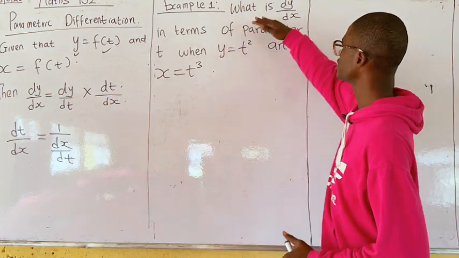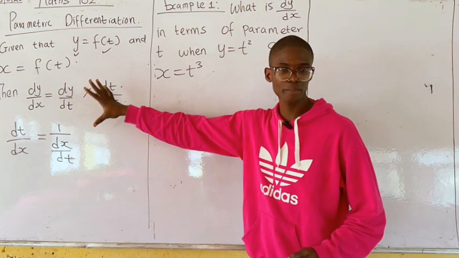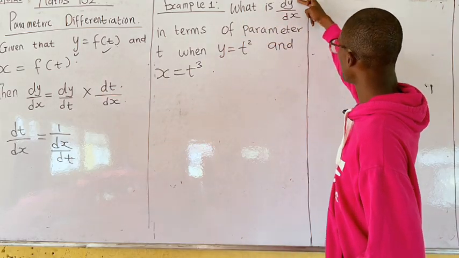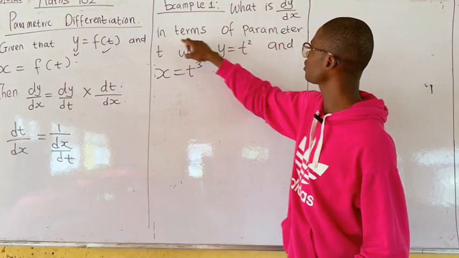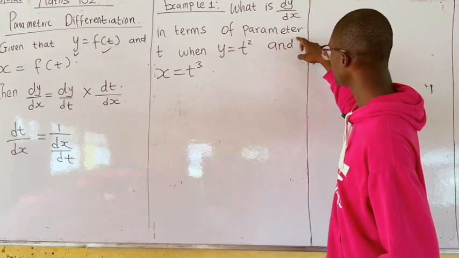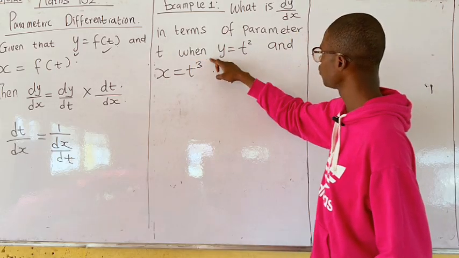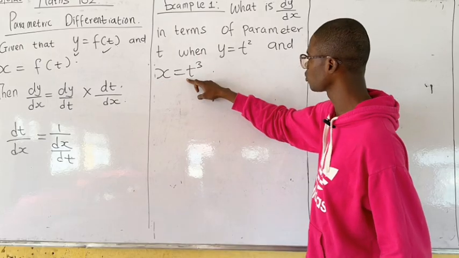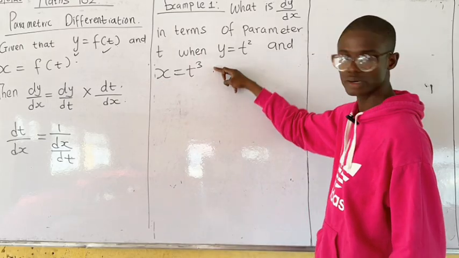We have this question to illustrate parametric differentiation. So now we have: what is dy/dx in terms of parameter t when y equals t squared and x equals t raised to power 3?